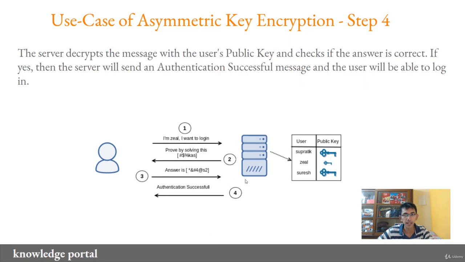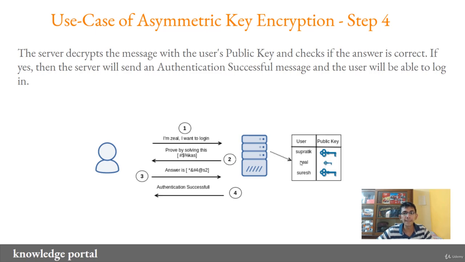Now in step 4, the server decrypts the message with the public key and checks if the answer is correct. Do remember that if the user, or in our case Zeal, has encrypted the message with the private key, it can only be decrypted with the corresponding public key and it cannot be decrypted with any other public key. So the server receives the answer and decrypts it with Zeal's public key.